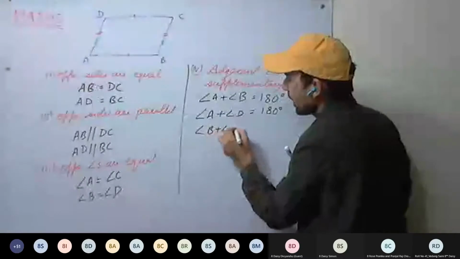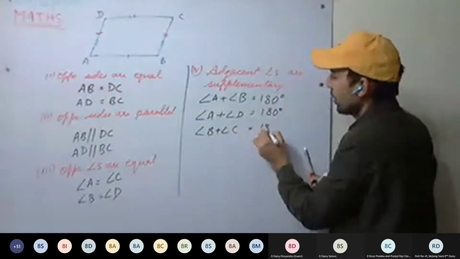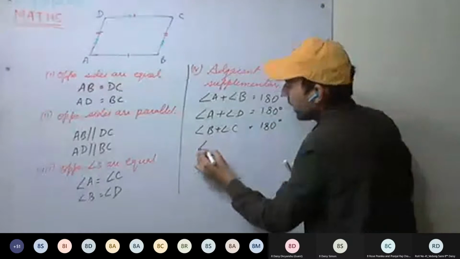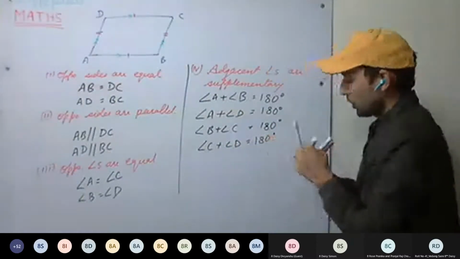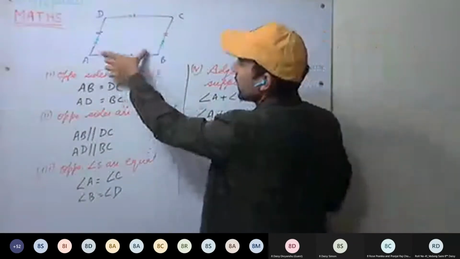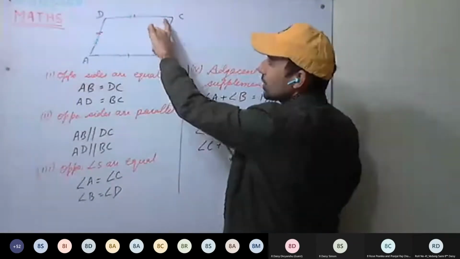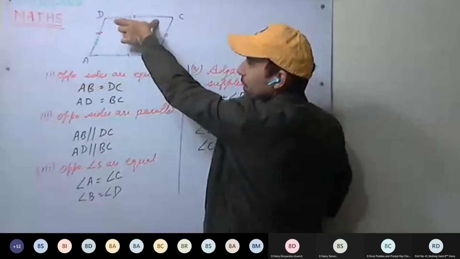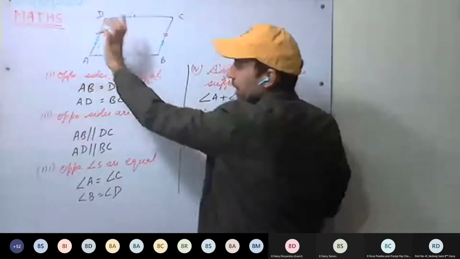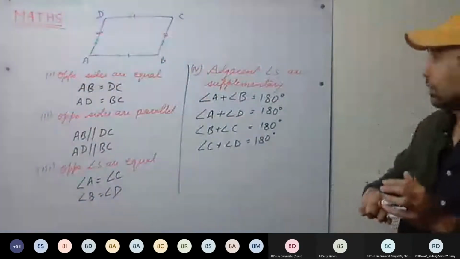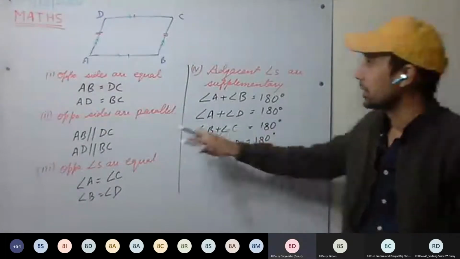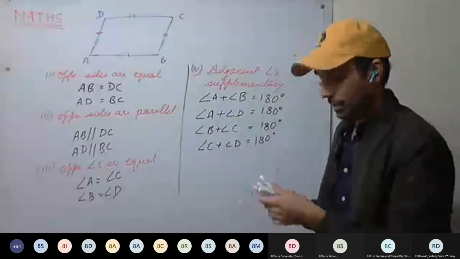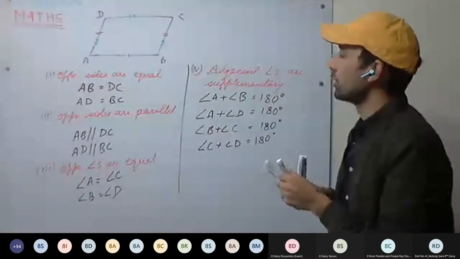Angle B plus angle C is 180 degrees. Angle C plus angle D, 180 degrees. So it means each pair of adjacent angles is supplementary. This is clear? What more can we draw?